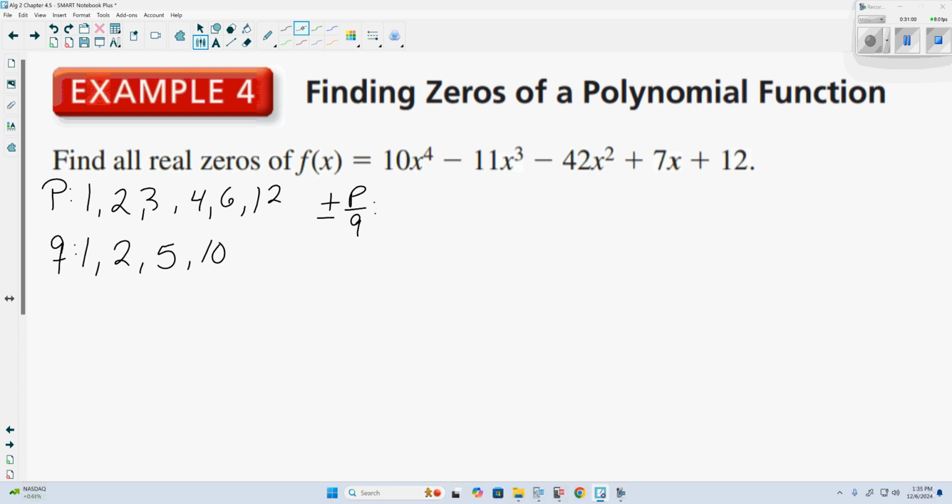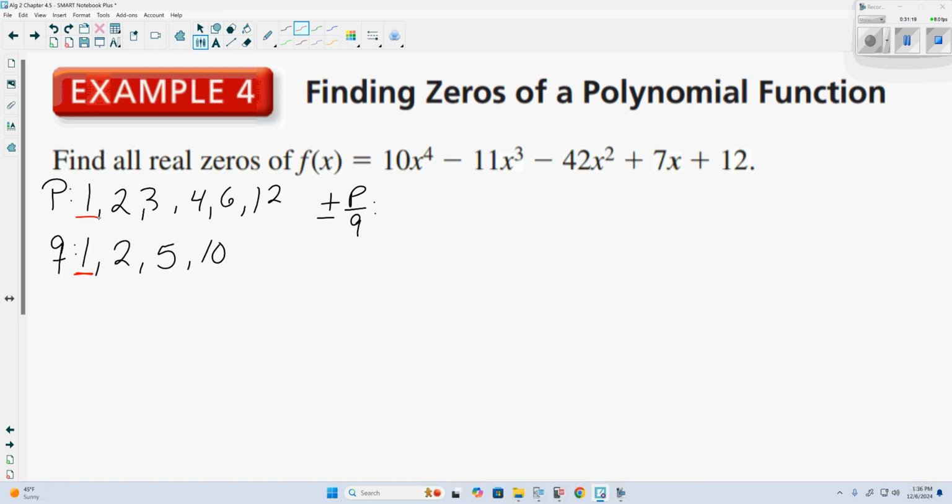Guys, let's focus up here. So this is the first one we've done because the video did more of these for plus or minus P over Q. I always start with the Q value of 1. So we're dividing all the factors of P by 1.